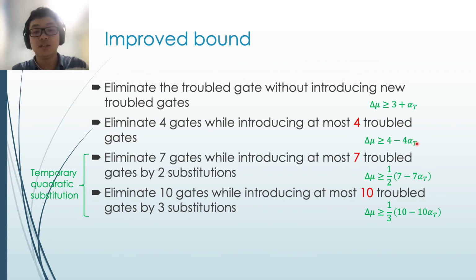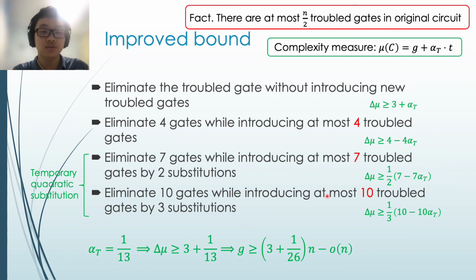We either eliminate 7 gates by 2 subsequent substitutions, and by our 2 observations, it introduces 7 new trouble gates, or we eliminate 10 gates by 3 substitutions and introduce 10 trouble gates. With these 2 cases, we can only get a 3 plus 1 over 26 n minus little n lower bound, which is a bit weaker than the 3.1 we wish to prove. So we need to improve these 2 cases.